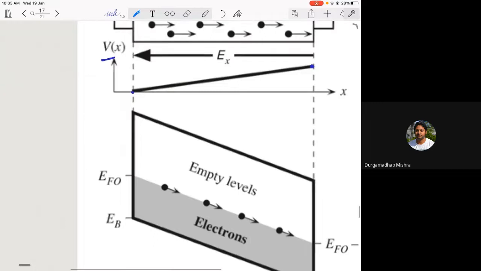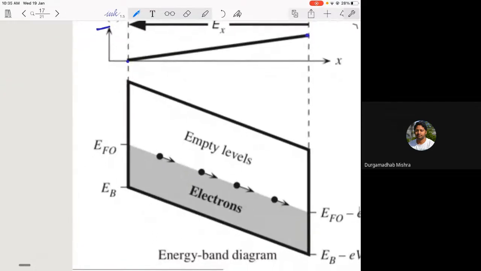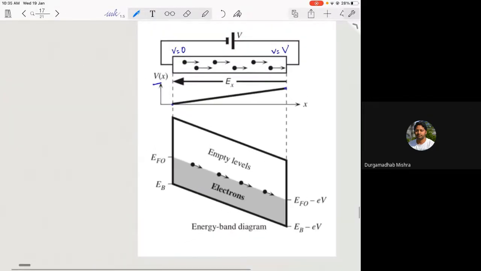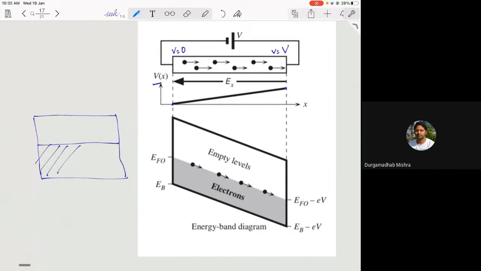Let me draw the picture here so that things will be clear. Initially, we have the occupied states, and this is EF0, and so on.